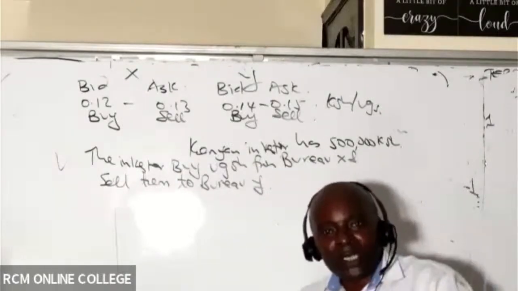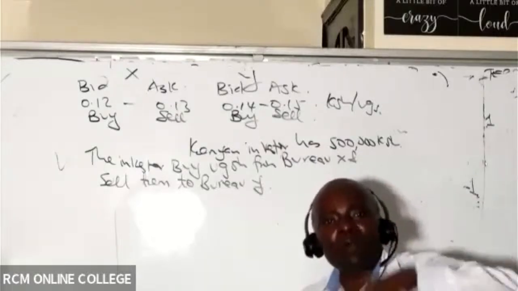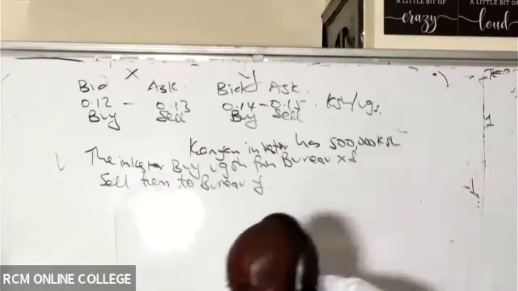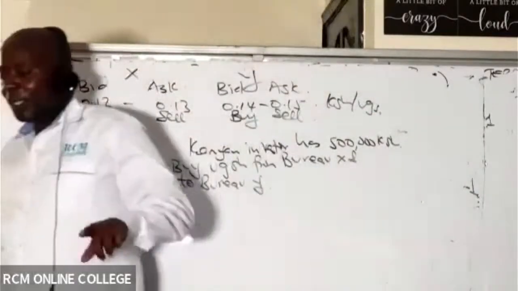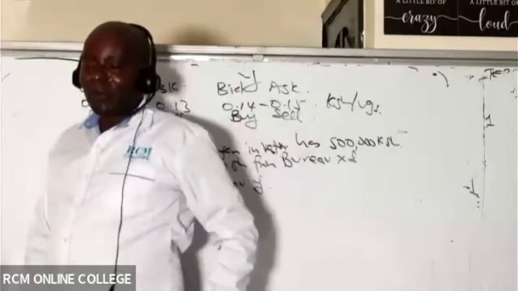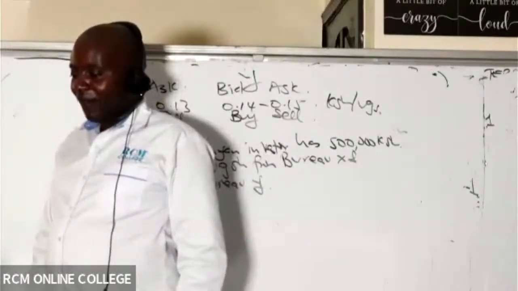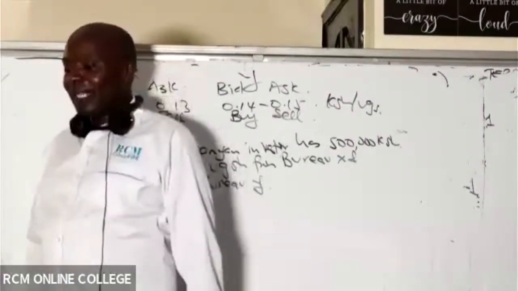I've bought the dollars, yes, but haven't I given them my 500,000 Kenya shillings? So haven't I sold this money to them? What in this case will be your argument with that student? Has he not sold the 500,000 to the bank? It was quite a technical question, very tricky question. Has he not sold?